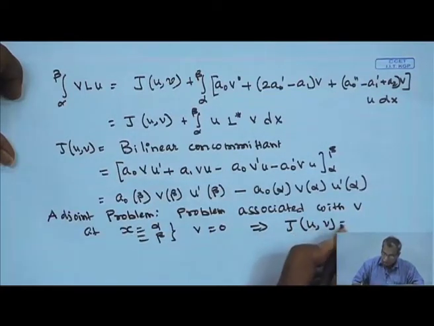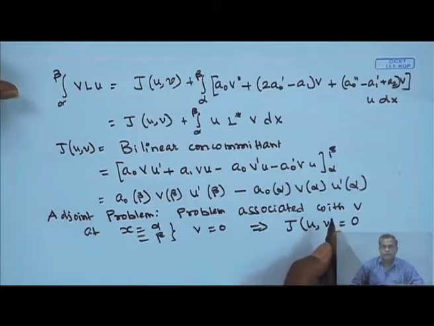That means, we can select the boundary conditions on the adjoint problem v, so that the bilinear concomitant will be equal to 0. Now, let us look into the L star, which is nothing but the adjoint operator of L.